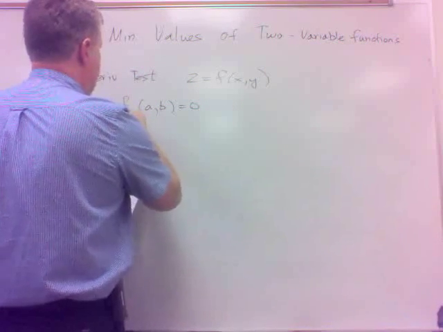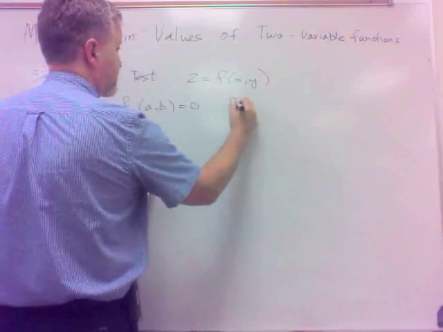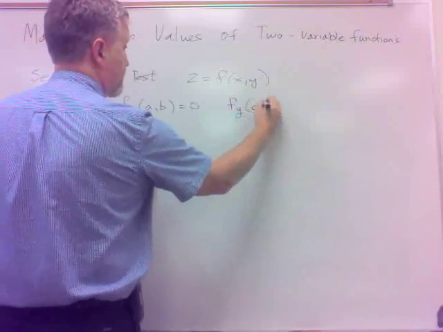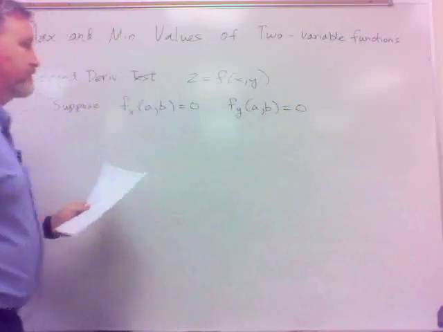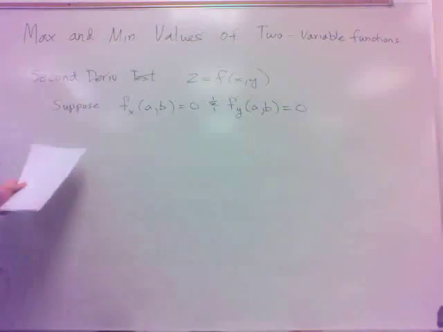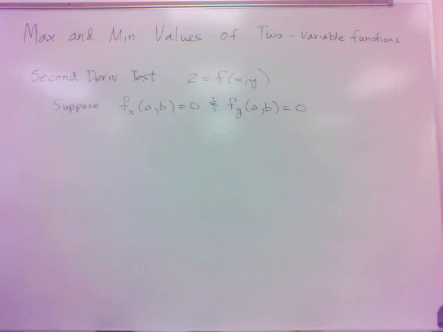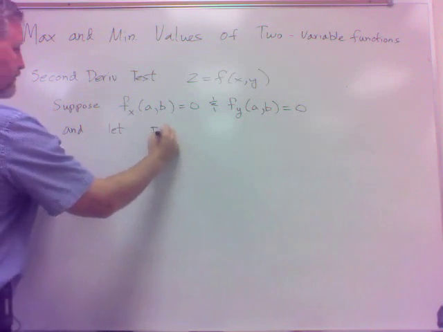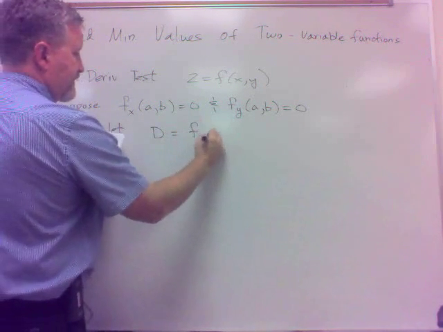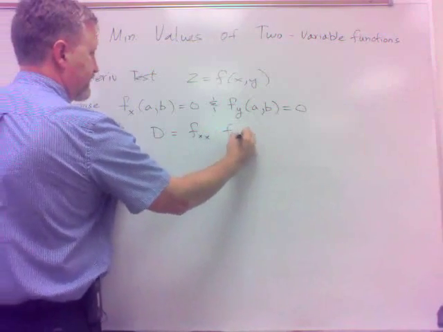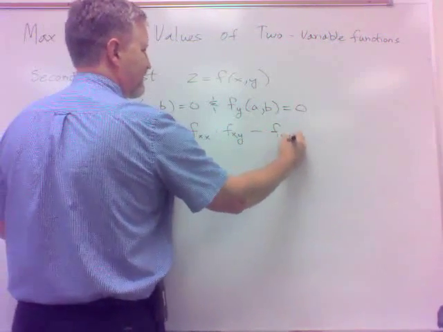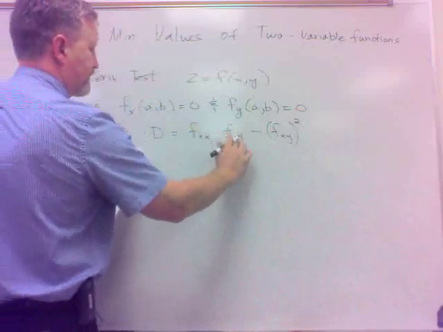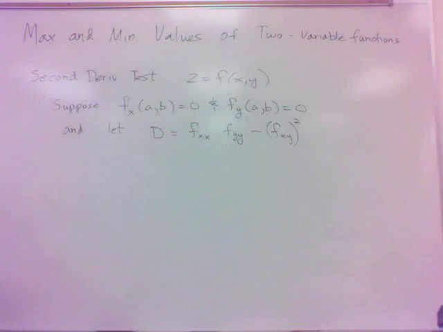So the partial derivative with respect to x equals 0, the partial with respect to y of f equals 0. And we're going to let, again, D equal what we just talked about: fxx times fyy minus fxy squared.